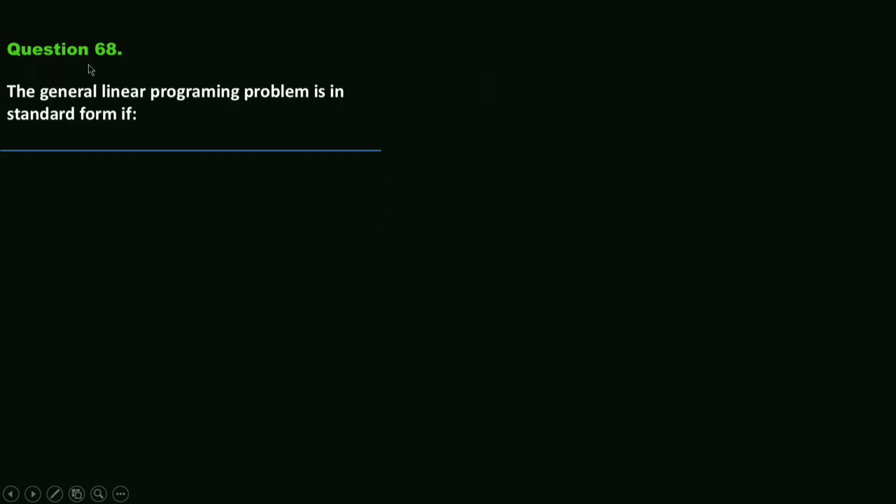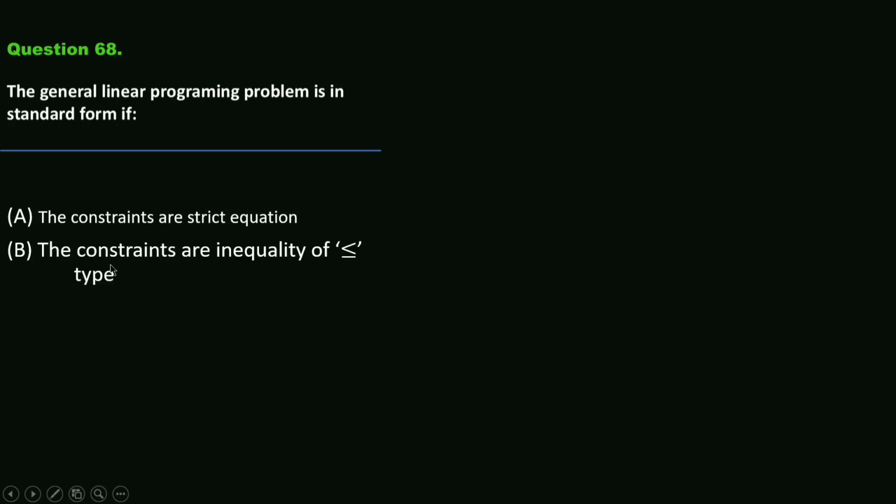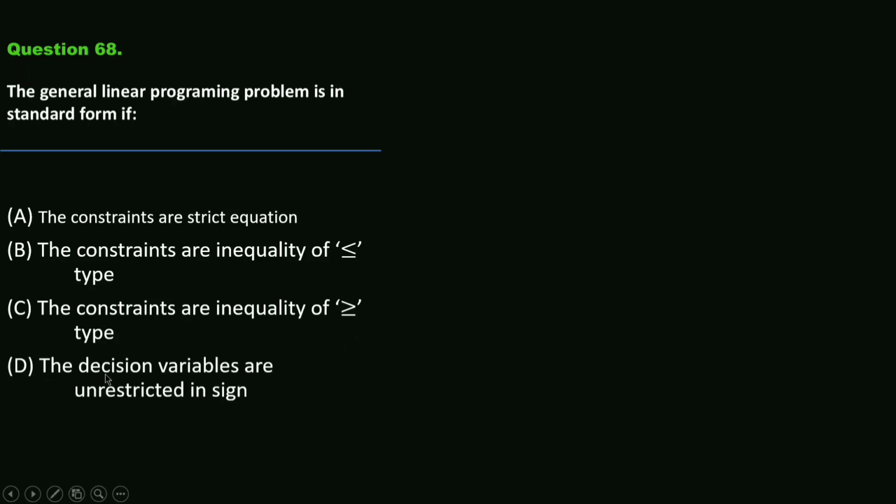Now come to question 68. Here the general linear programming problem is in standard form if the constraints are equations, or inequalities of the type less than or equal to, or greater than or equal to, and the decision variables are unrestricted in sign.